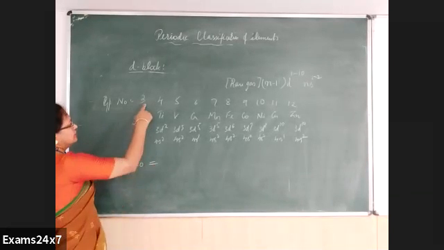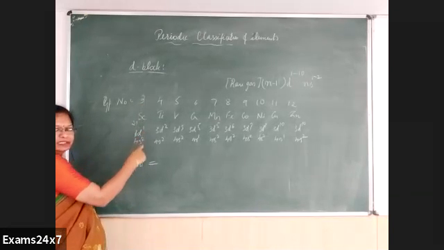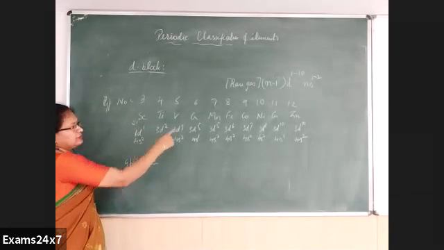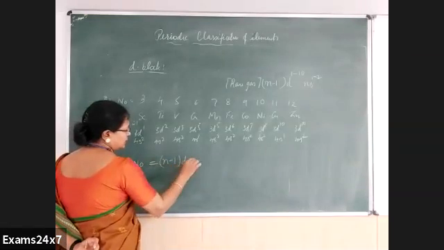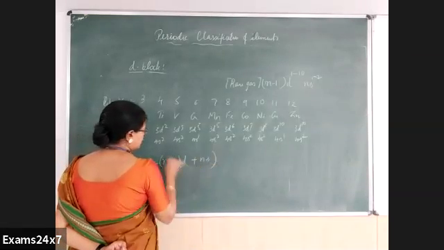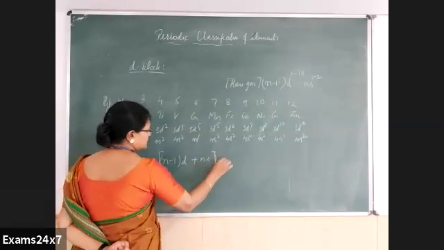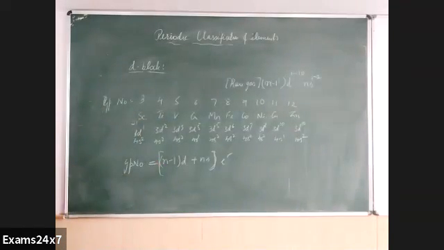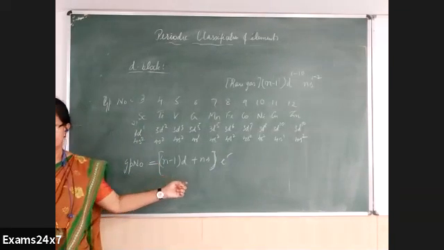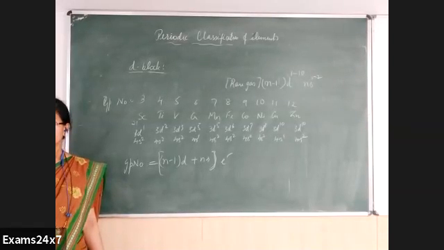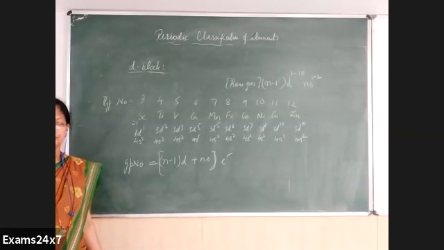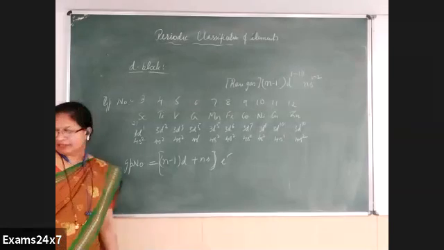This is 3, meaning 3d plus 4s electrons added. So group number is obtained by (n minus 1) d electrons plus ns electrons together. Clear? The remaining will continue in the next class.